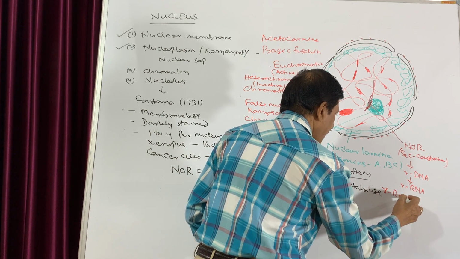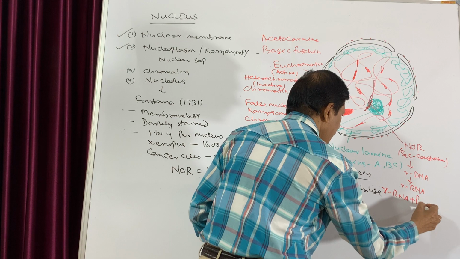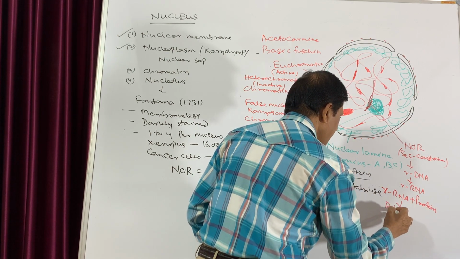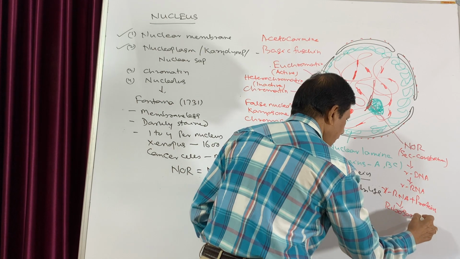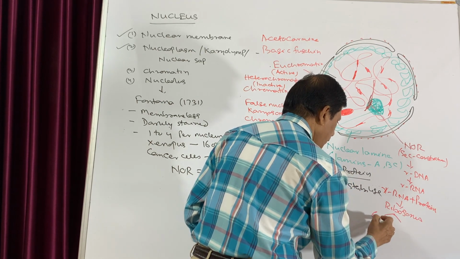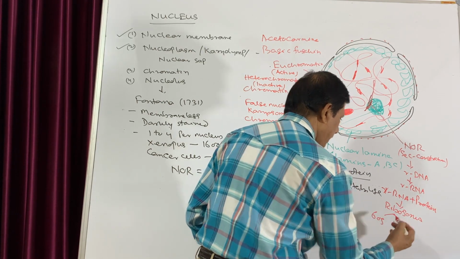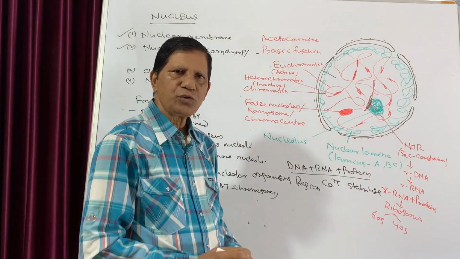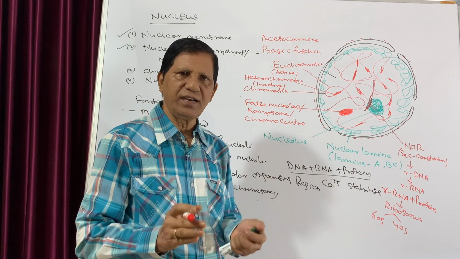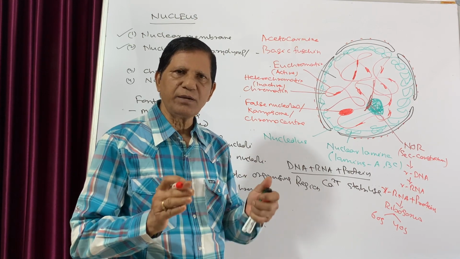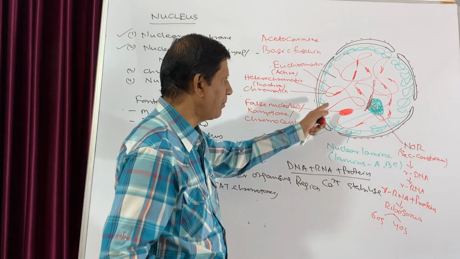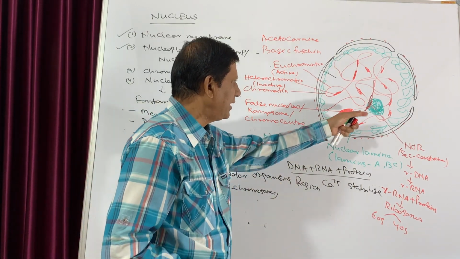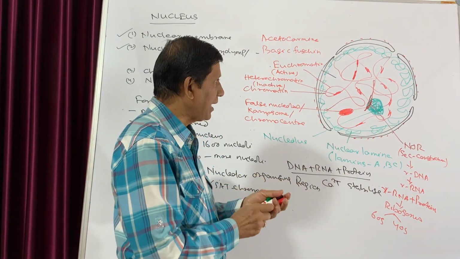Two separate units are formed separately. The bigger unit is 60S, the smaller is 40S. So the nucleolus is the factory of synthesis of ribosomes, and the NOR part is attached to it.